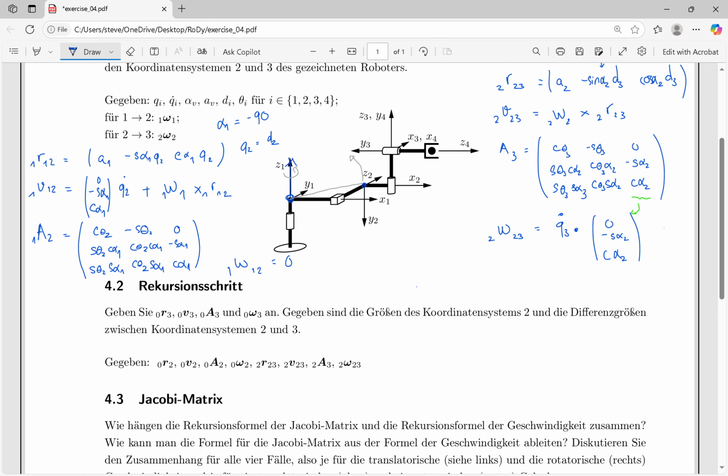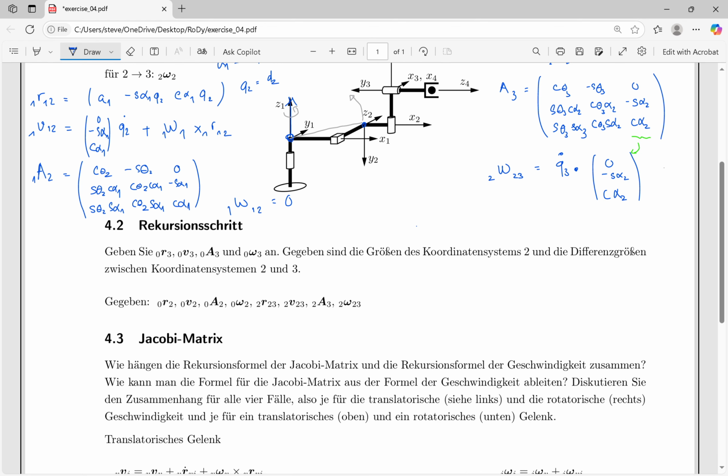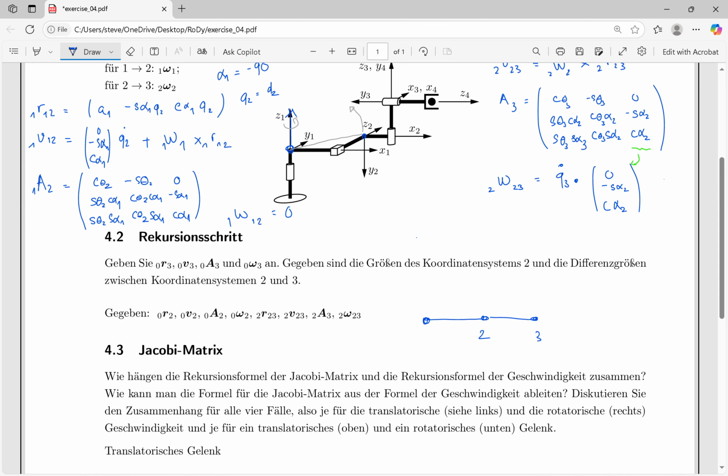So this is a trivial one. Let's see here, this is 2 and this is 3, and we imagine this segment is fixed, right? And this segment is also fixed, right?